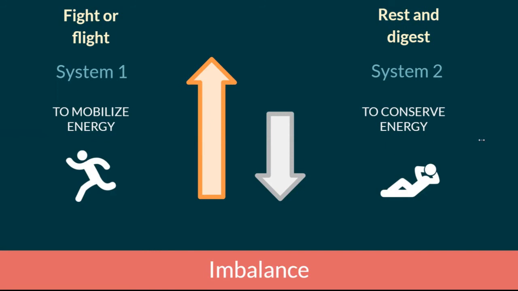In other words, the stress system does not turn off. It constantly runs, and the complex systems in our body start to break down, as the stress responses were not built to be constantly turned on. And there's the imbalance, referring to chronic stress.